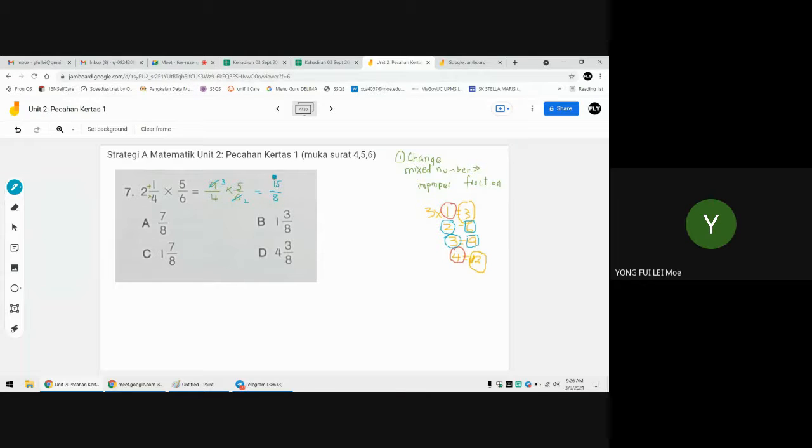Look at your answer. This is an improper fraction, but the question uses mixed numbers, so you have to change it back by dividing. 15 divided by 8: 8 into 15 is 1, remainder 7.